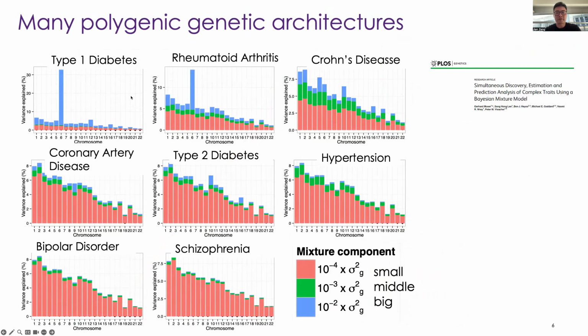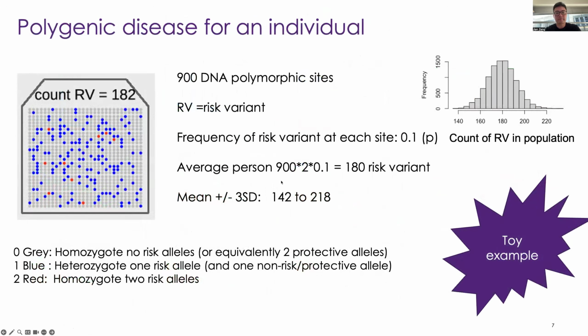For example, autoimmune disease may have fewer variants with larger effects, while psychiatric disorders involve many variants with extremely small effects. But the underlying theme is the same: many DNA variants contribute to the risk, and most effects are tiny. This is why we need a genome-wide approach.